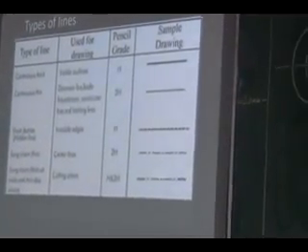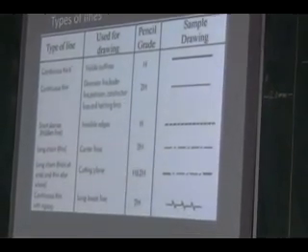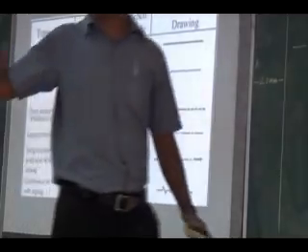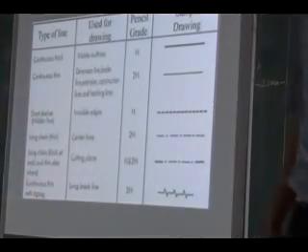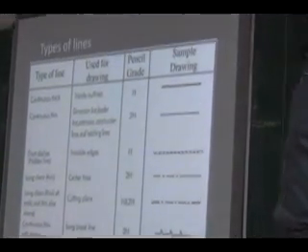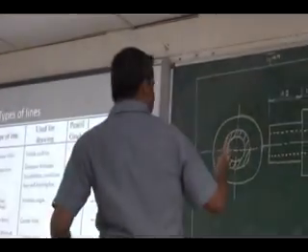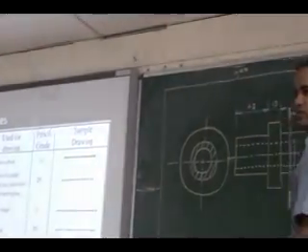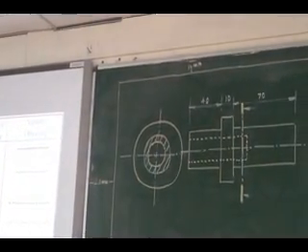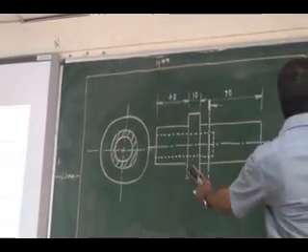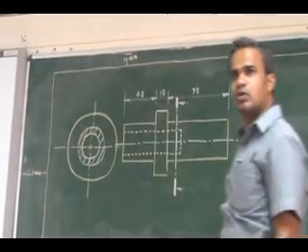Then we have one more line, the continuous line with zigzag. Normally you are not going to use it in any engineering drawing. If the object is very long, of the same kind, like a shaft, and instead of 70 mm it is 700 mm in length, I need not show it all, as it will go out of my drawing sheet at this scale.